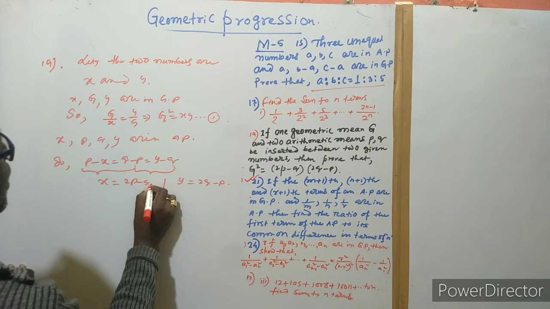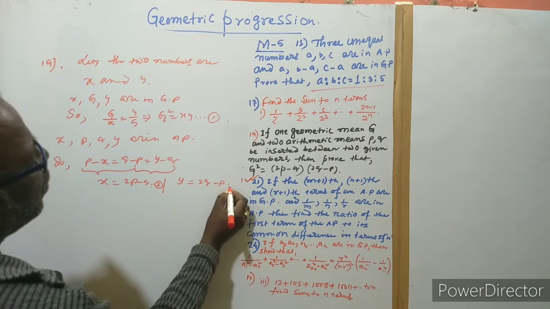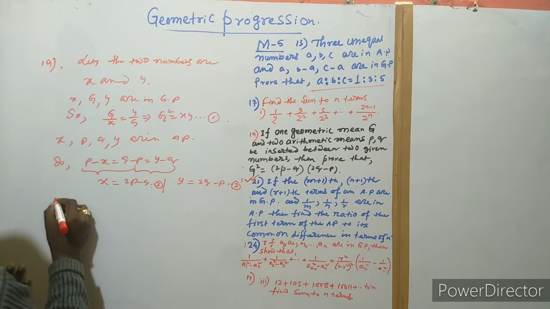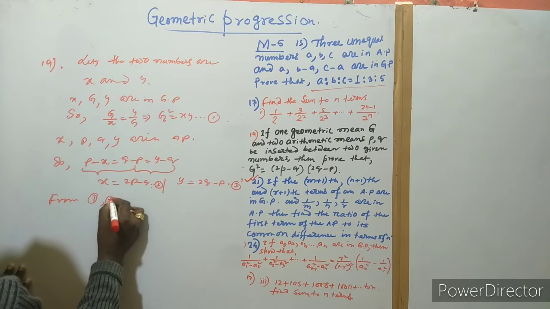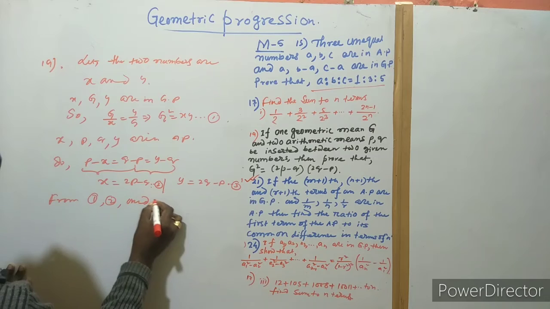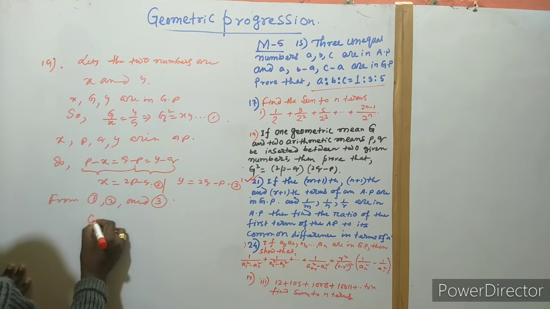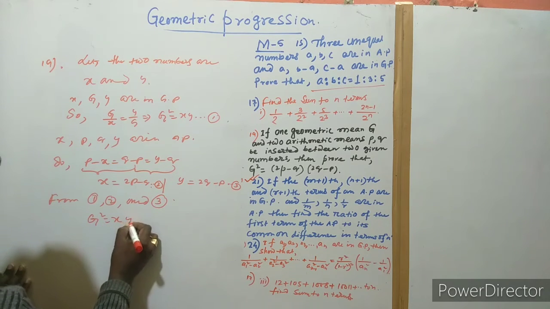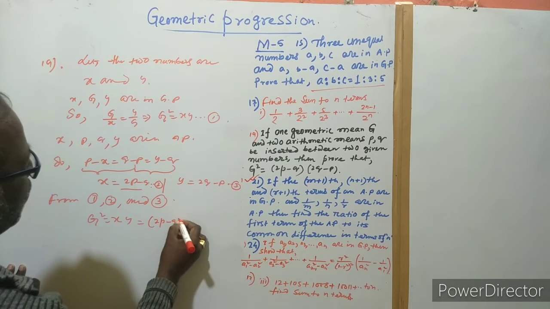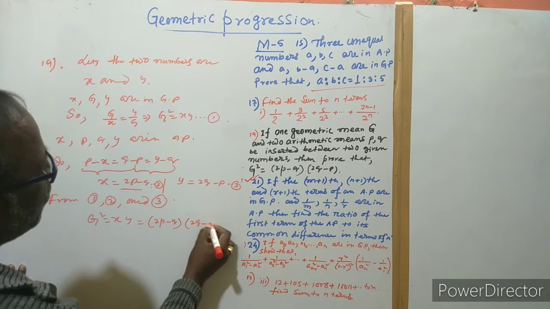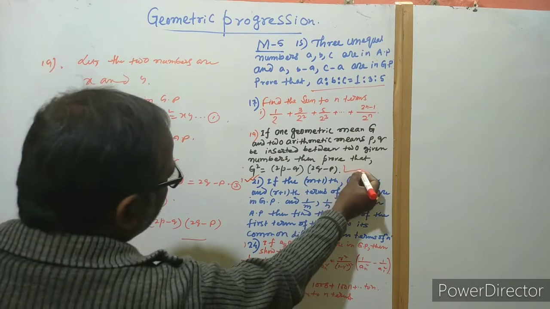So this is 2 and this is 3. So from 1, 2 and 3, that is G square equals xy, and the value of x is 2P minus Q, and also y is 2Q minus P. So this is your query, which is proved.